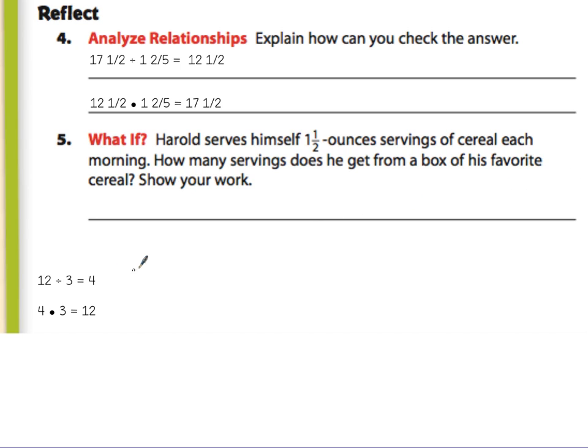All right, so he would still have 17 1/2 ounces inside the box, but now that would be divided by 1.5 instead of by 1 2/5. So this would still be 35 over 2, and then divided by, one group of 2 is 2, plus 1 is 3, so divided by 3/2.